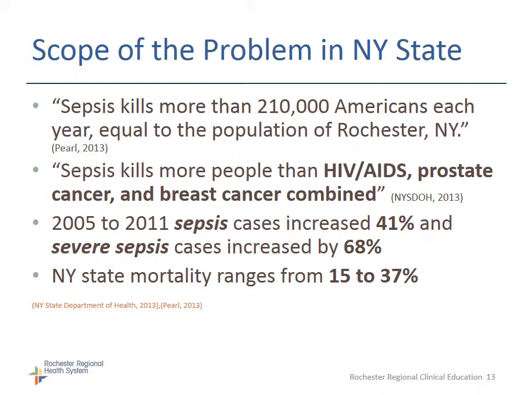Sepsis kills more people than HIV/AIDS, prostate cancer, and breast cancer combined. From 2005 to 2011, sepsis cases increased 41%, and severe sepsis cases increased by 68%. New York State mortality ranges from 15 to 37%.